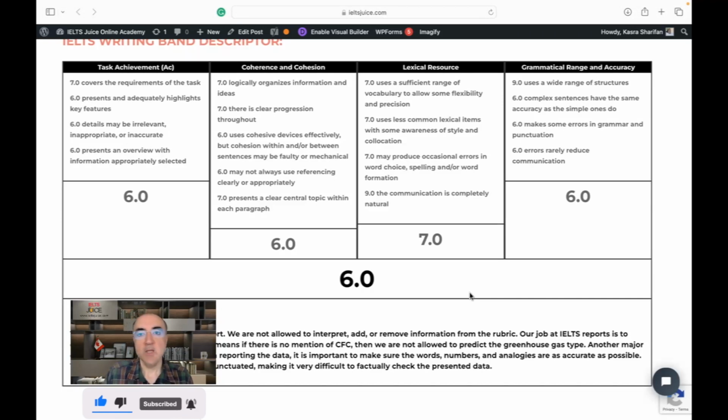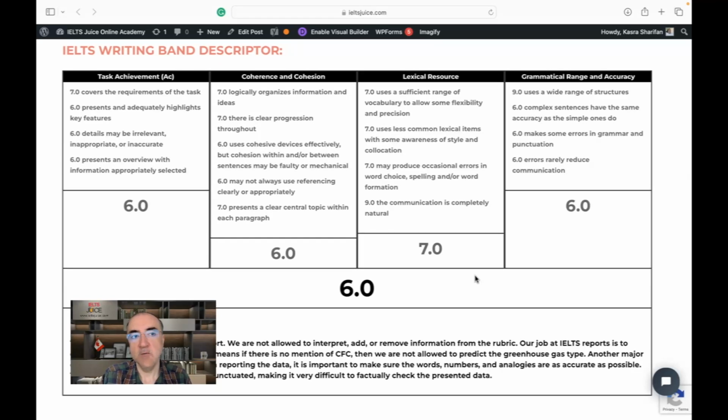So the majority of confusion comes from grammar. The organization of words, not words themselves. And we also had, as you can see, inaccurate information in some parts. Because of that, it's 6. Connection between sentences was not always accurate, and it was either faulty, and in some cases, again, I told you, it felt mechanical.